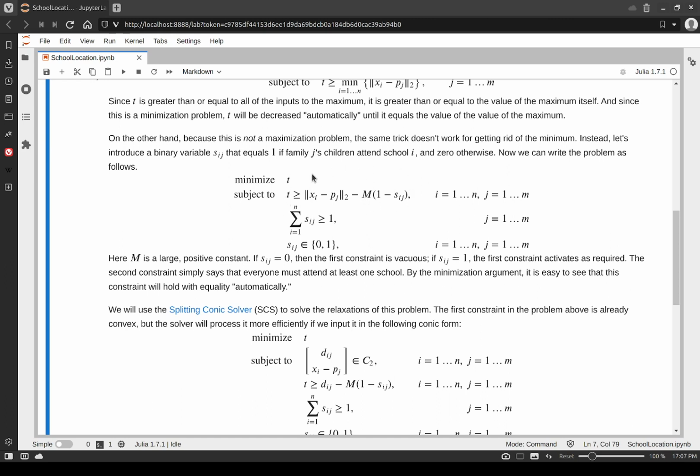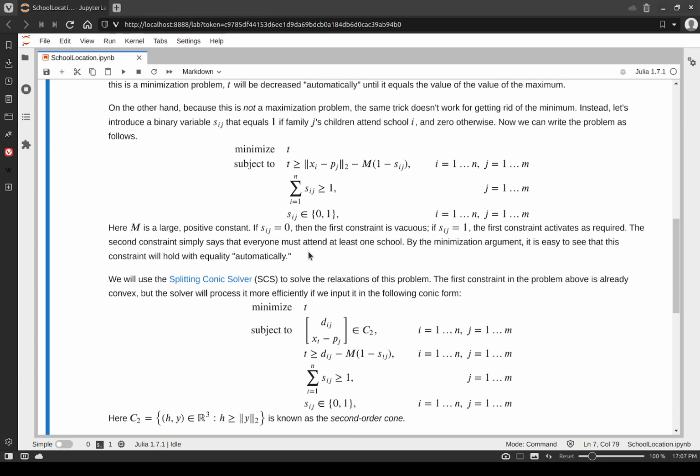It's still a convex optimization problem if we ignore the integrality constraint. However, it's actually very difficult to differentiate and process this norm function, or at least that's not the most efficient way to do it. And a better way to deal with these is to actually express this as a conic constraint, because we are using a solver called the splitting conic solver that thinks about optimization problems in terms of convex cones.